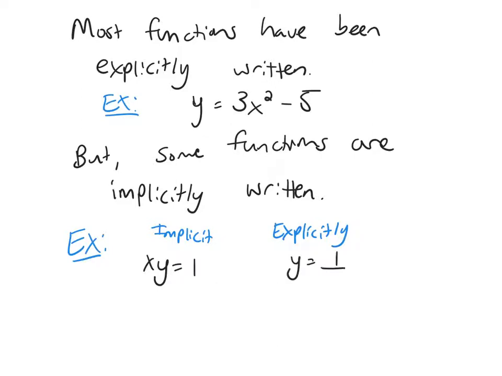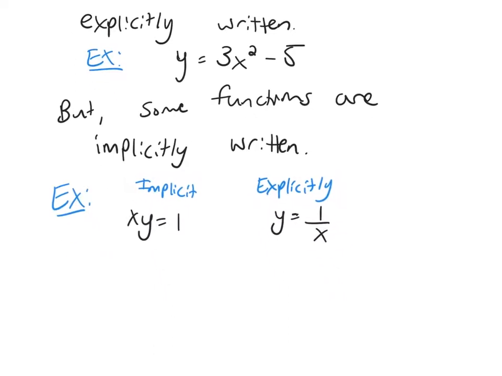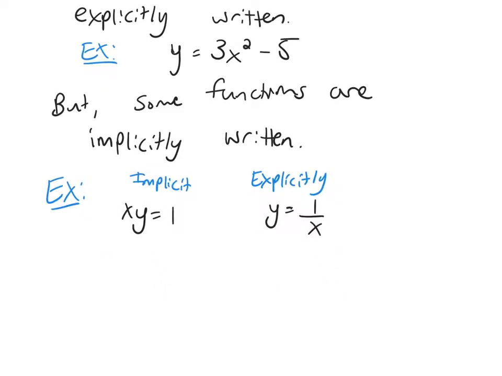Y equals 1 over x. And then, once we have it explicitly written, we could find the derivative as well. So the derivative, y prime, would be negative x to the negative second if we use the power rule.